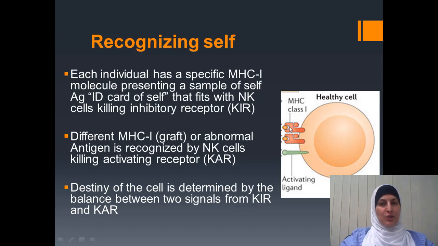So MHC class 1 keeps changing and showing what is produced by this cell, and these proteins are part of the self protein. When these cells come in contact with immune cells, the immune cells have been trained and taught to recognize self MHC molecule and self protein. So this would be given the OK, or the green light for survival.